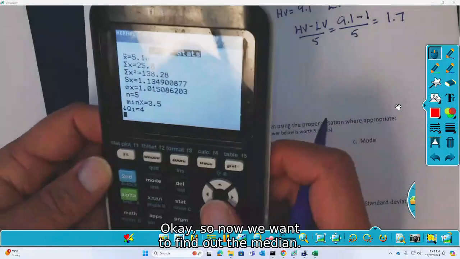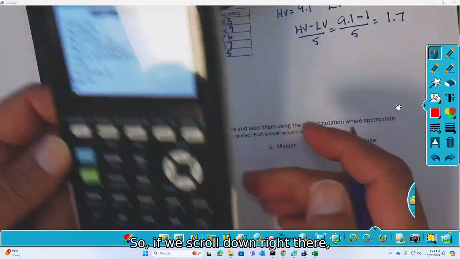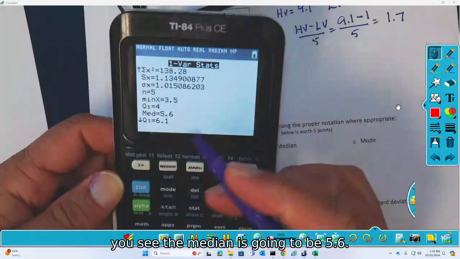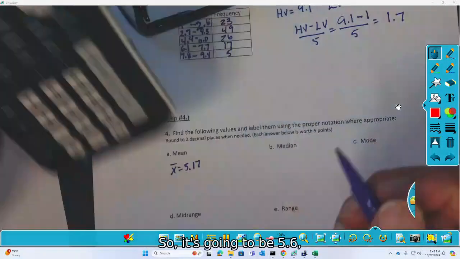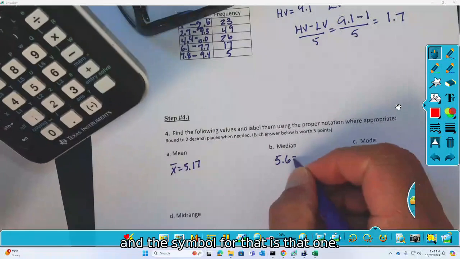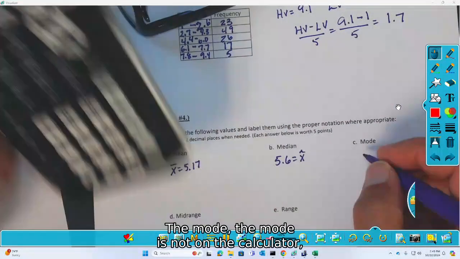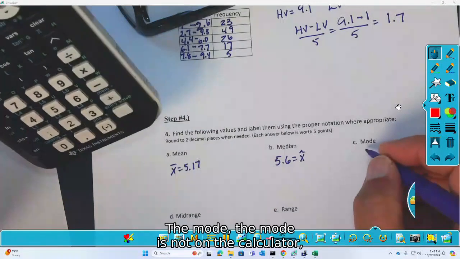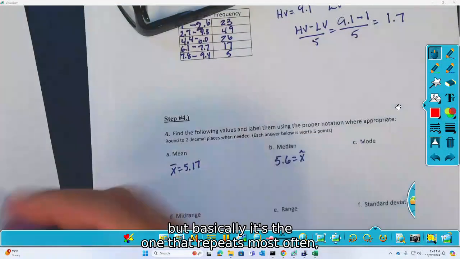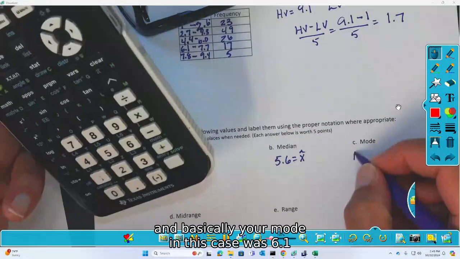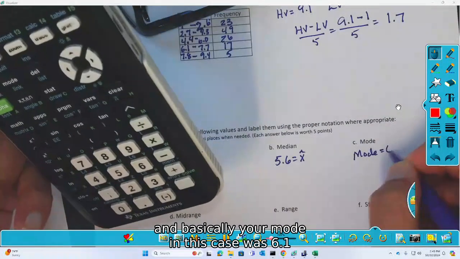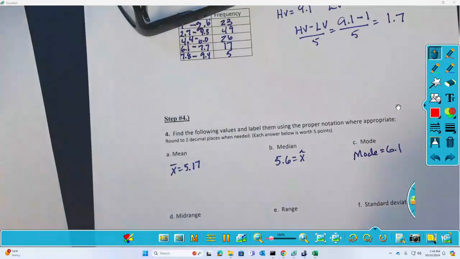Now we want to find out the median. If we scroll down right there, you see the median is going to be 5.6, and the symbol for that is that one. The mode is not on the calculator, but basically it's the one that repeats most often. Your mode in this case was 6.1 because it repeated twice.